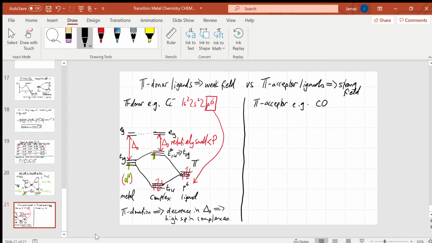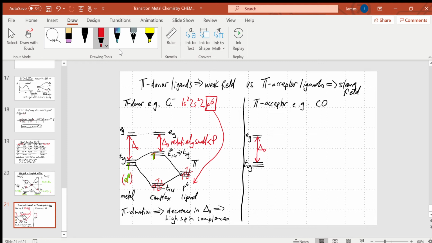So carbon monoxide, let's start off again with our EG and T2G. Our EG and our T2G. I'll try and remember to use the same color coding. That's our original delta O.